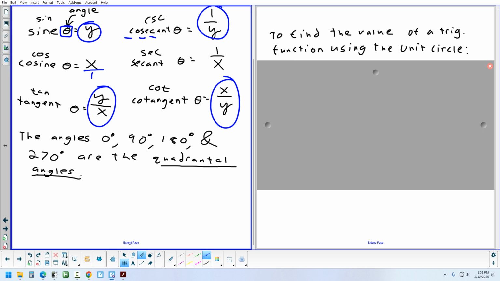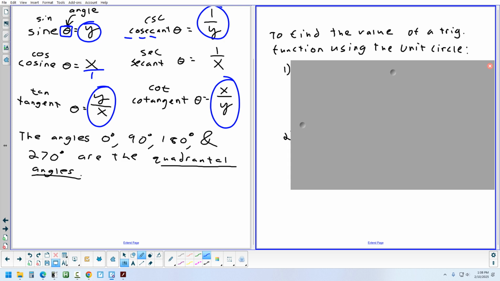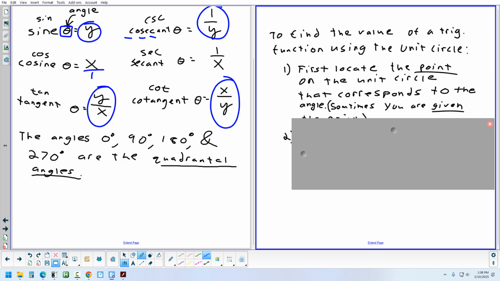All right, so how do you do unit circle trig? There's 2 steps. Step 1, what's the most important thing I keep saying you need when you do unit circle trig? Not the angle. You need the coordinate. So, in order to get a coordinate, you have one of 2 options. Either I give you the coordinate, and then you're all set.